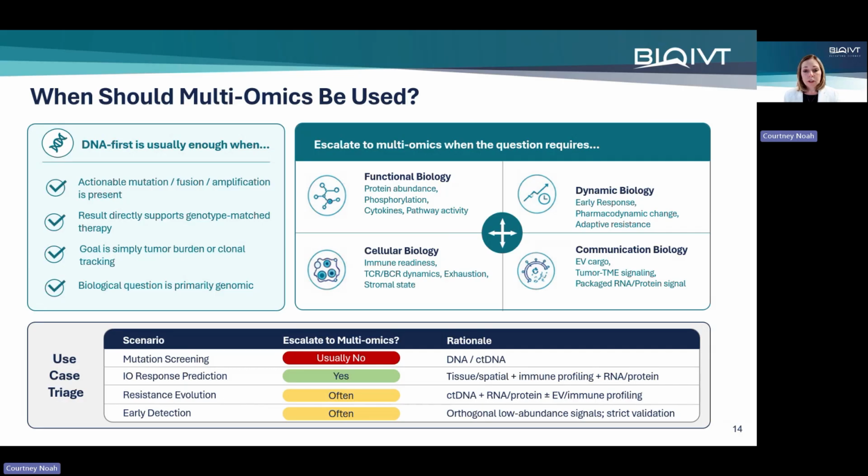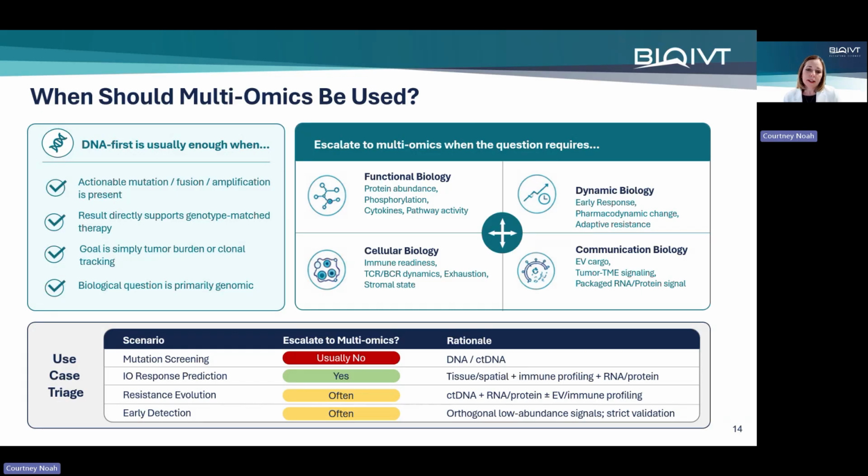In many cases, genomics alone can be very effective. And in those settings, especially where the biology of interest is primarily genomic, adding additional analyte layers isn't necessarily going to change the decision. It's really just increasing the complexity. So again, be cautious as you're thinking about that.